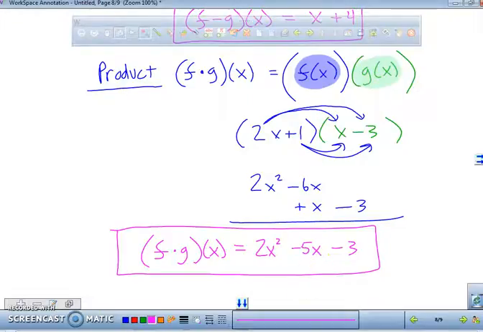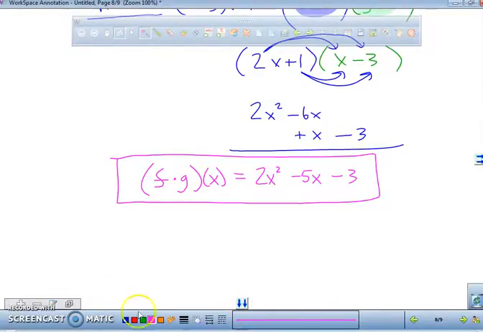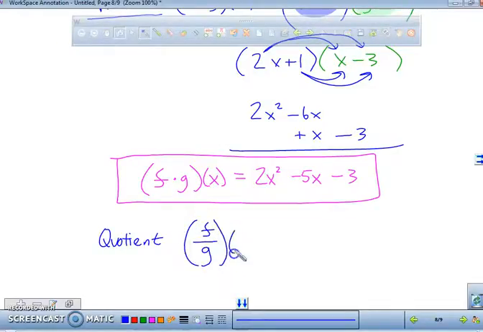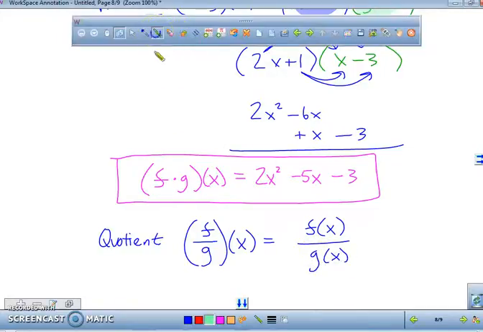And our final one is going to be the quotient of the functions. So write quotient right here, everybody. We're going to write quotient, which is the answer to a division problem. And you're going to write f over g of x, which is going to be f of x divided by g of x.